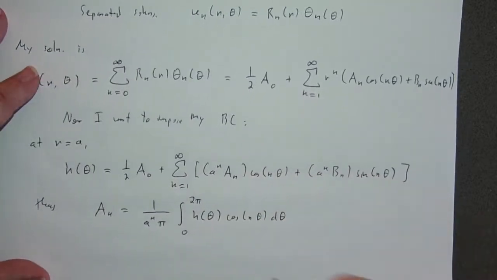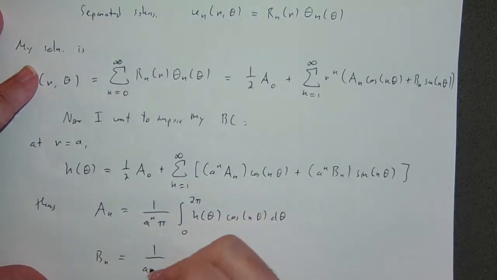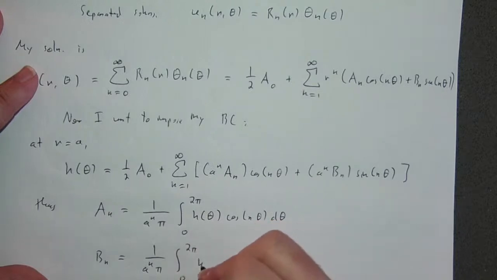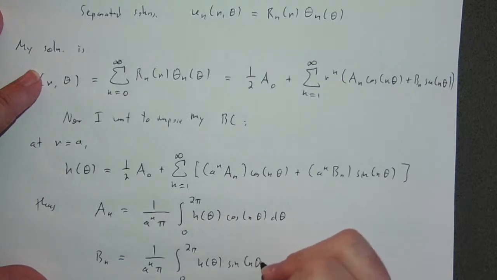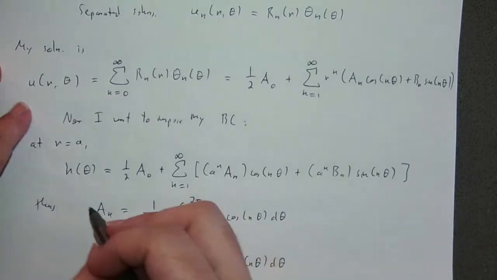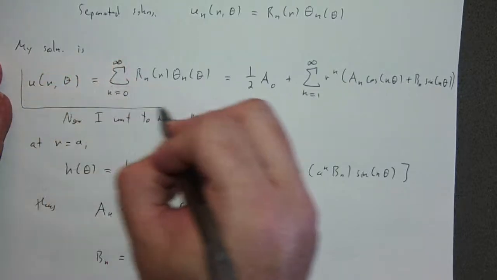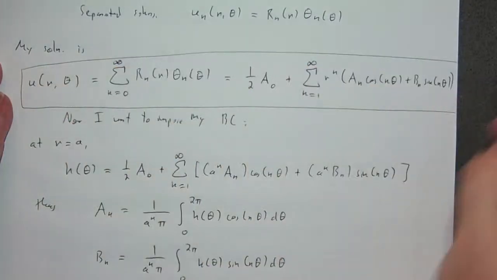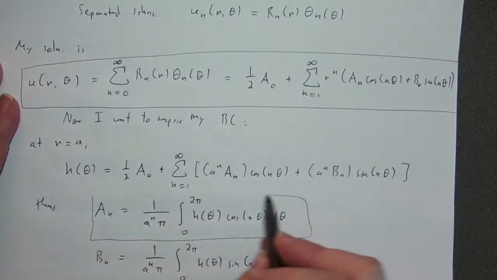And b sub n is 1 over a to the n pi times the integral from 0 to 2 pi of h of theta sine of n theta d theta. And so this is what I get. Here's my solution, and these coefficients are determined in this way.